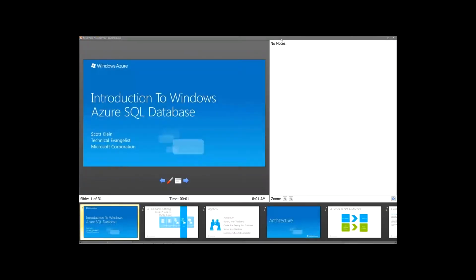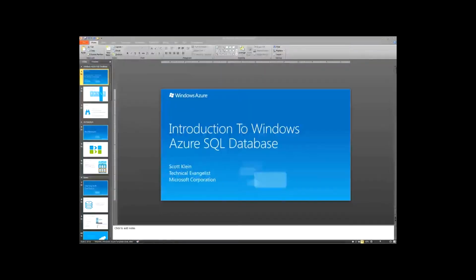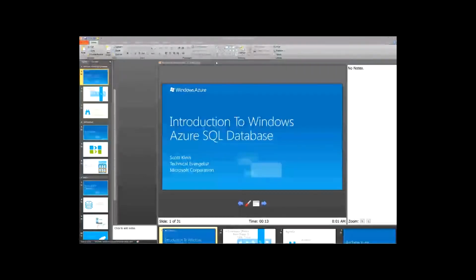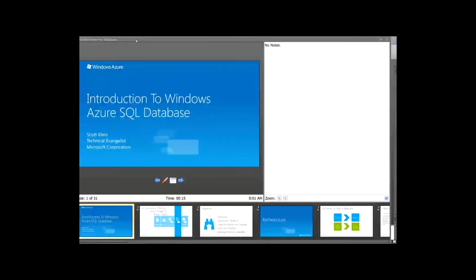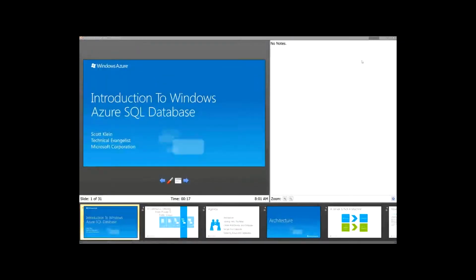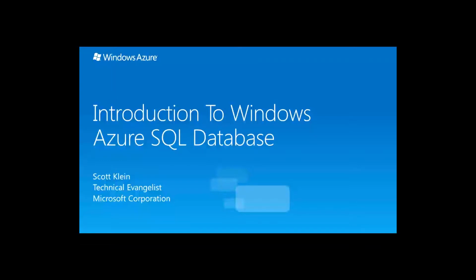I know that on the GoToMeeting panel, under the Show My Screen button, you should be able to have a drop-down and select which screen you want to show, if that helps. Let's do that one. There, is that better? Perfect. You got it. All right, cool. Sorry about that.